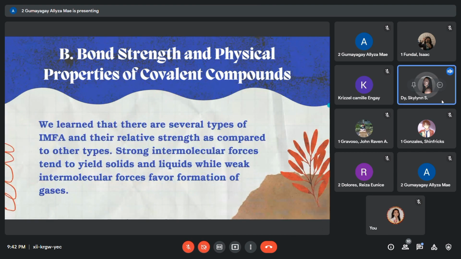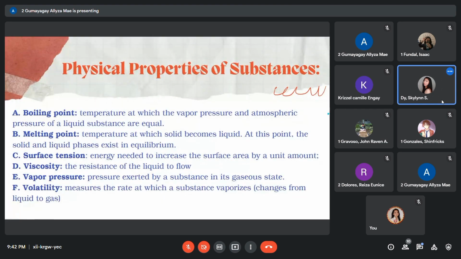Thank you, Ms. Ilaga. From the previous discussion, we learned that there are several types of IMFA and their relative strength as compared to other types. Strong intermolecular forces tend to yield solids and liquids, while weak intermolecular forces favor the formation of gases. Physical properties of substances.